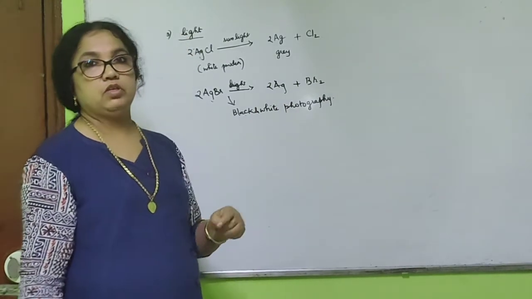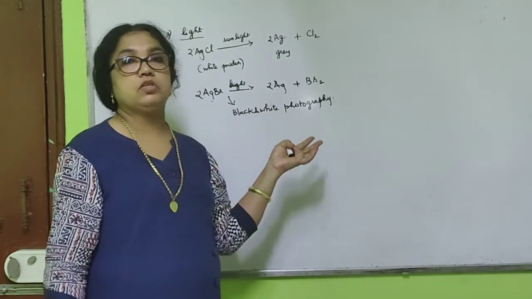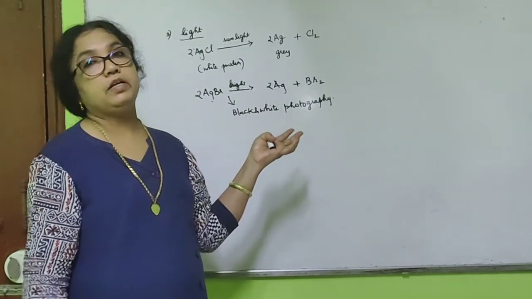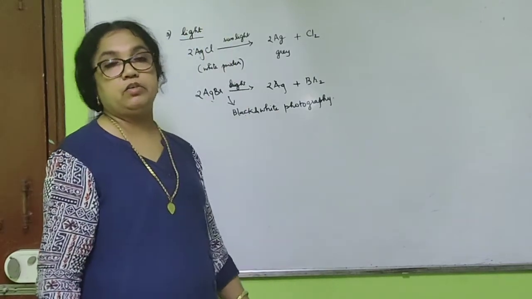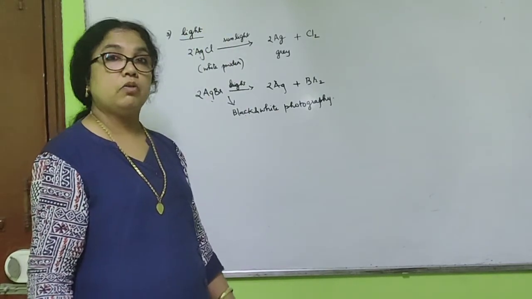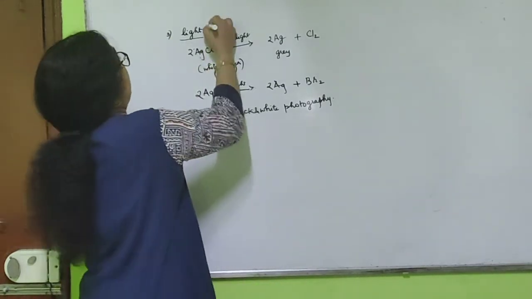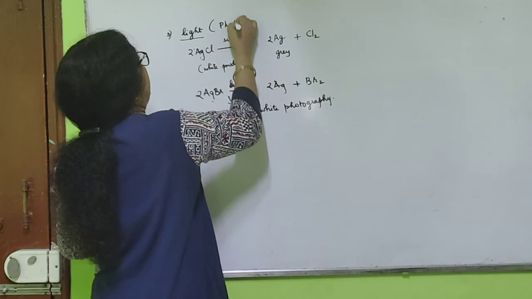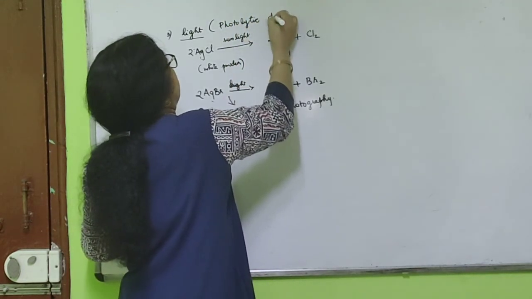Where heat is used, it is called thermal decomposition. Where electricity is used, it is electrolytic decomposition. Where light is used, it is photolytic decomposition.